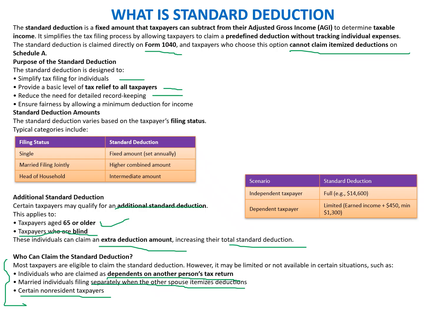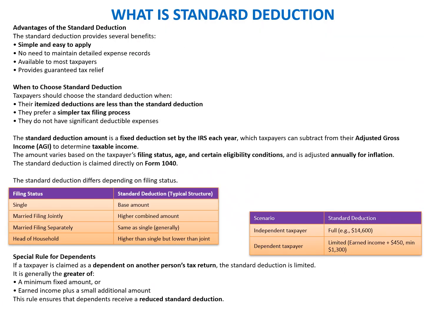If the other spouse is claiming the itemized deduction, then this spouse cannot claim the standard deduction, and certain non-resident taxpayers also cannot claim the standard deduction. So we move to the next slide.